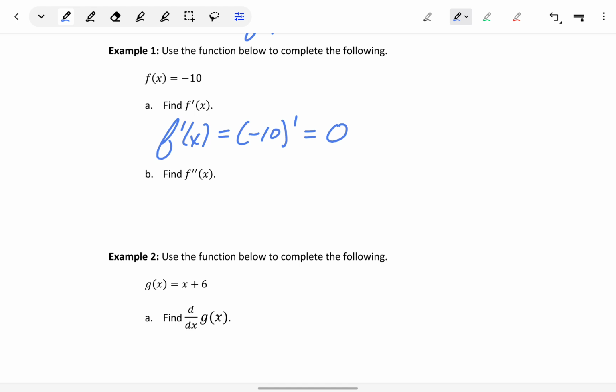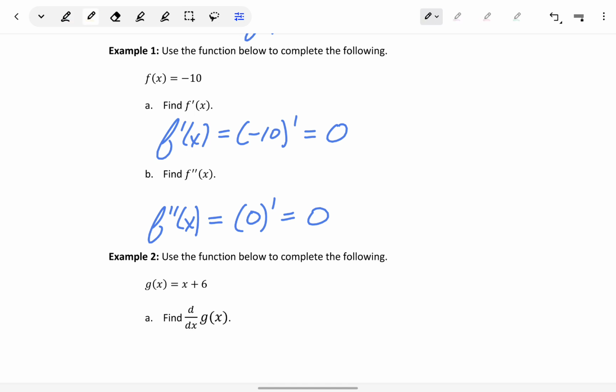So our first derivative would be 0. To find f double prime of x, what we want is the second derivative of our function f of x. And in this case, that means we'll find the derivative of 0, the derivative of f prime of x. The derivative of 0, we still just have a constant, so that result is still just 0.